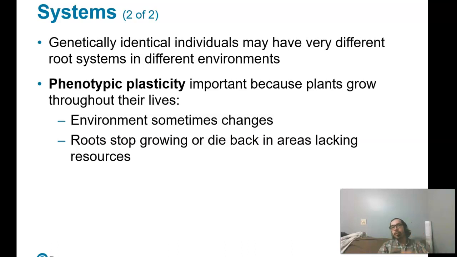Phenotypic plasticity is important because plants grow throughout their lives and they have to be able to change in response to changes in the environment. You can also see that roots will stop growing or even die back a little in areas that are lacking resources. If it's lacking resources, the plant's not going to invest that much energy into the root system.